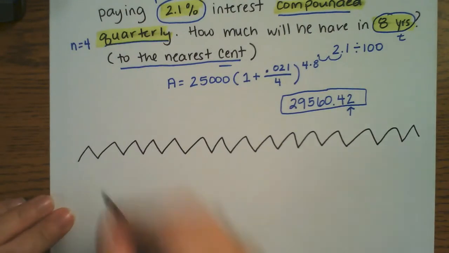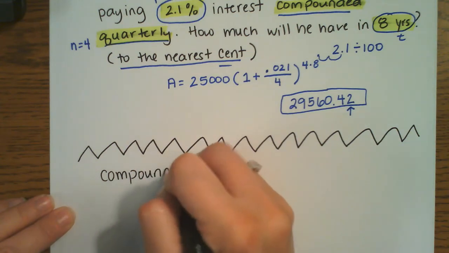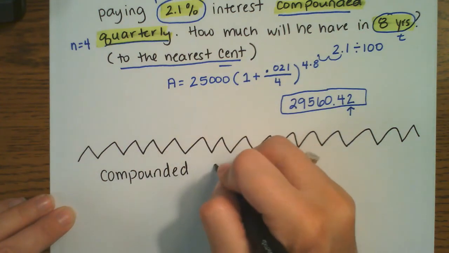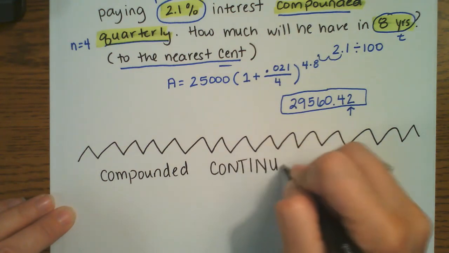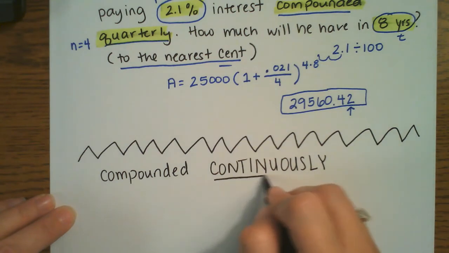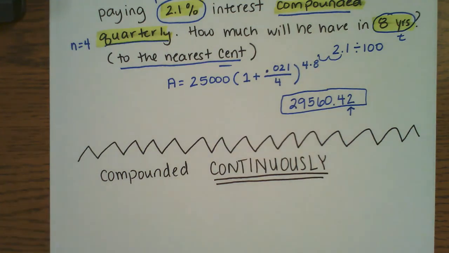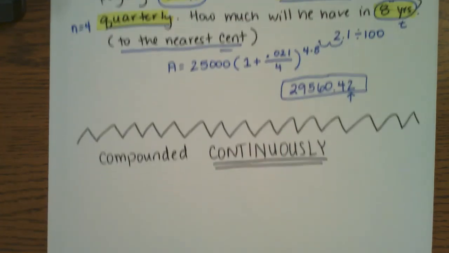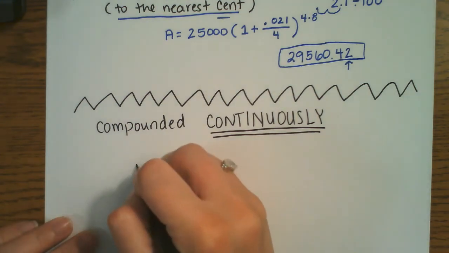And it's called compounded continuously. It's going to change our formula just a little bit.